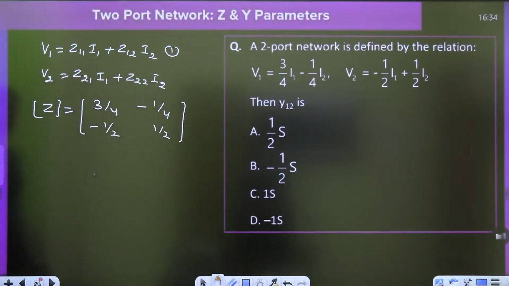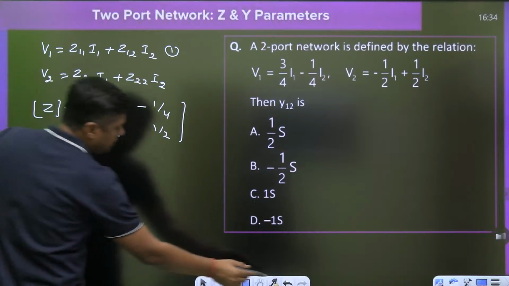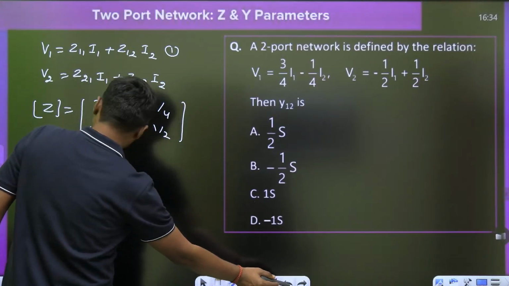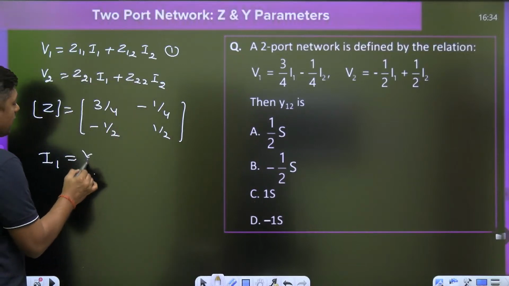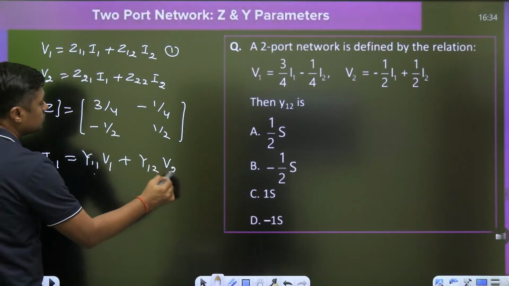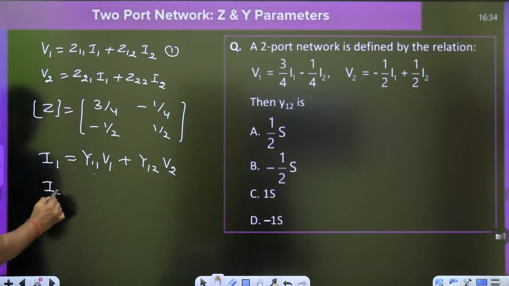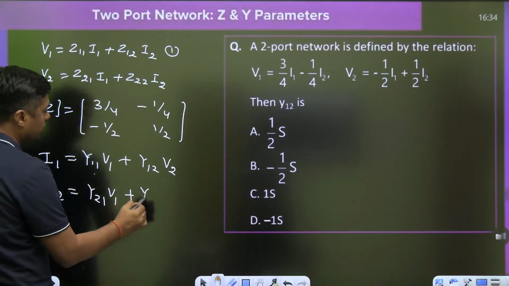But what is the Y parameter? We can write the Y parameters like this: I1 is equal to y11 V1 plus y12 V2, and I2 is equal to y21 V1 plus y22 V2.